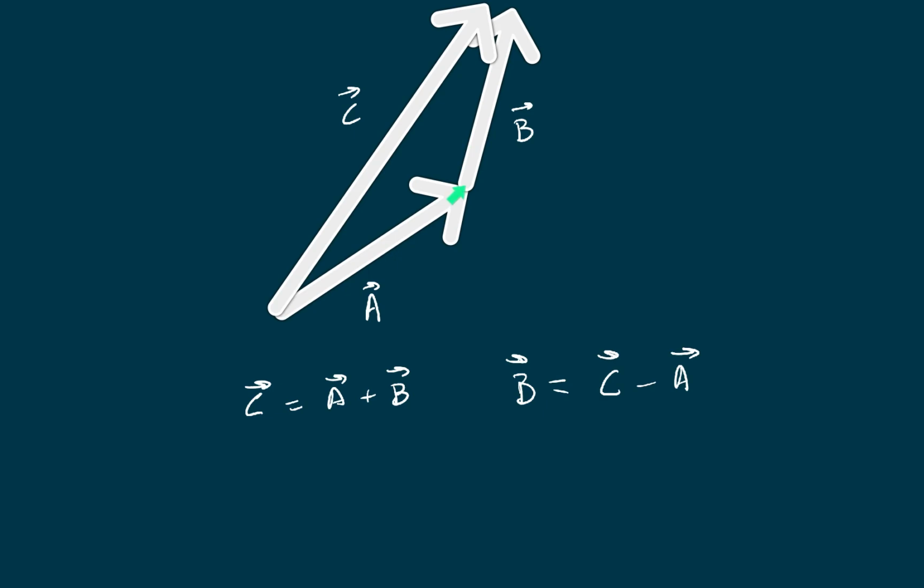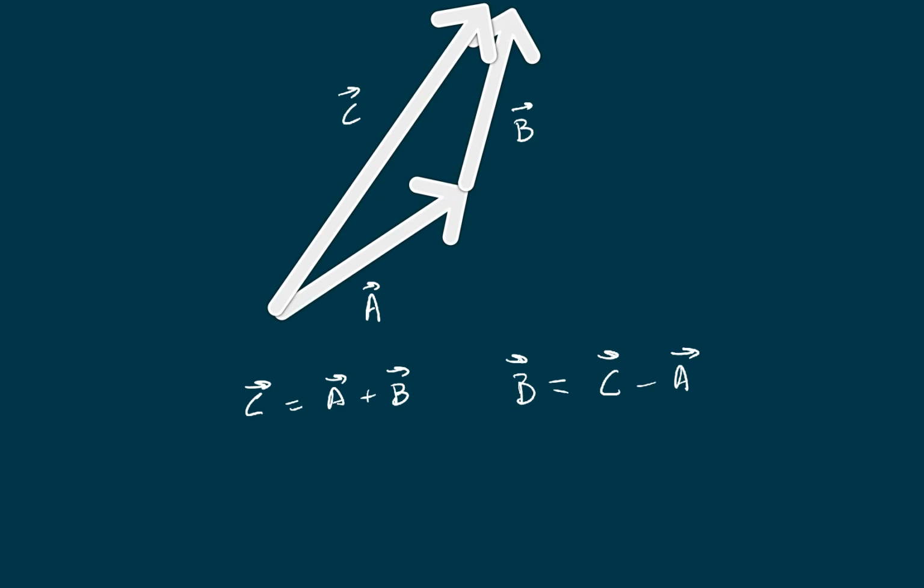B moves things from the tail of B to the head of B. And C moves things from the tail of C to the head of C. So what we are saying is that when A and B are acting, it is equivalent to C acting.